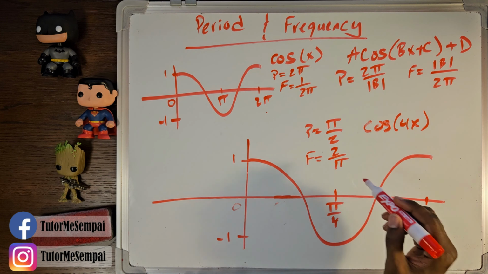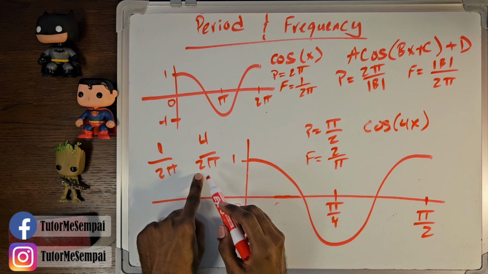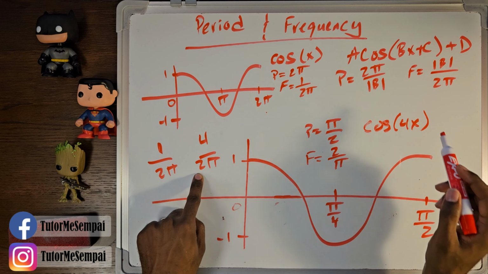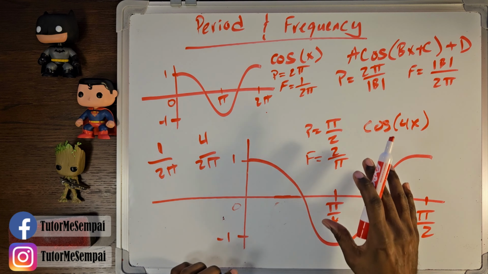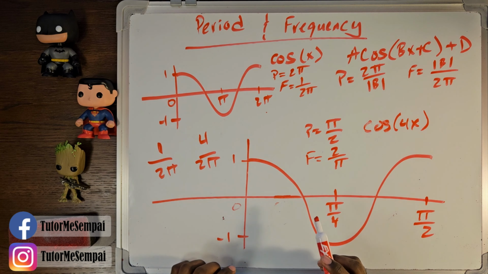So this is just going to be 4 over 2 pi. So if cosine x was 1 oscillation every 2 pi, we're going to have 4 oscillations every 2 pi for cosine of 4x. That means this thing is going to be oscillating 4 times as fast as our basic cosine function.